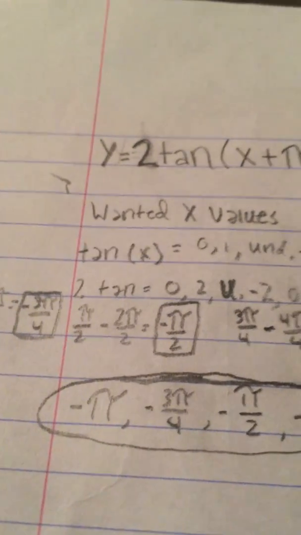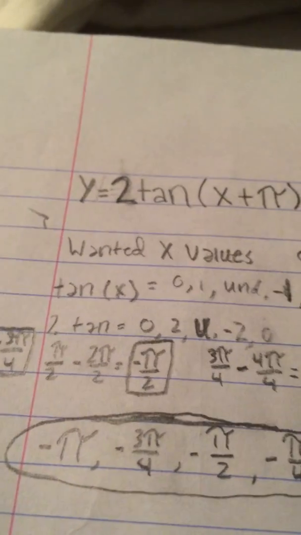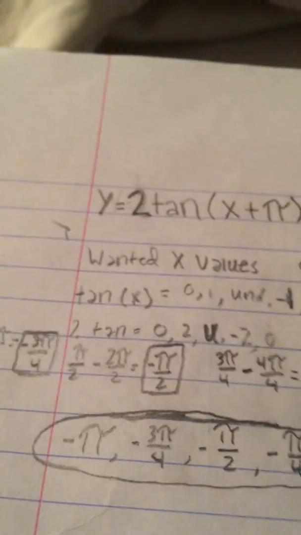So instead of 0, 1, undefined, -1, and 0, you're then given 0, 2, undefined, -2, and 0. Now those are your y values, but your set of tangent values is really used just to define where your asymptote is.